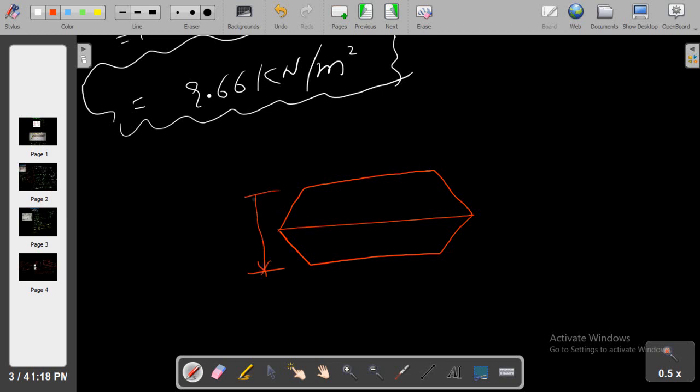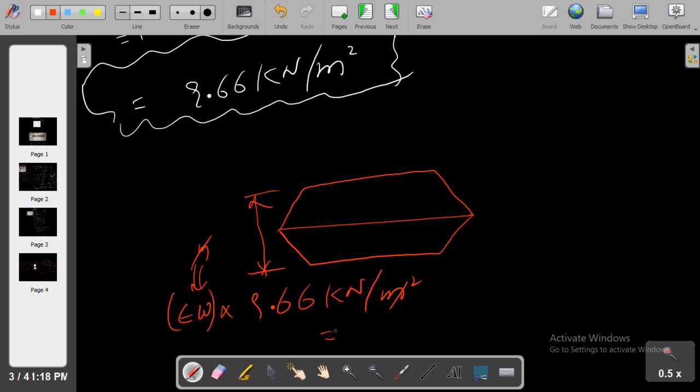That equivalent width will be multiplied with this 9.66 kilonewton per square meter, and that width will also be in meter. So that meter cancels with this meter, and we get x kilonewton per meter.